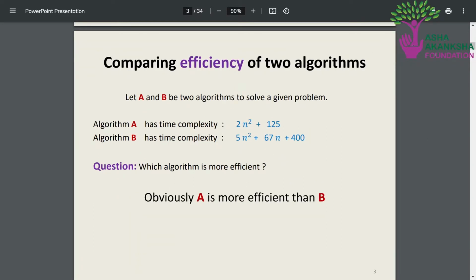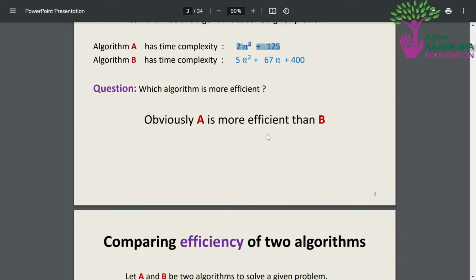So you can take a look and obviously say that for a value of n, equation A gives us a much lower value than equation B. So it means it takes less time than algorithm B because it is giving us a lesser value for high values of n.